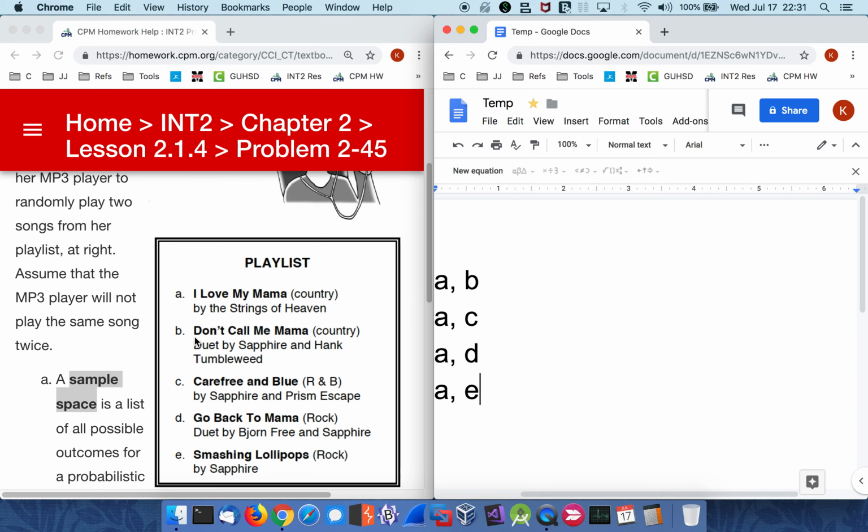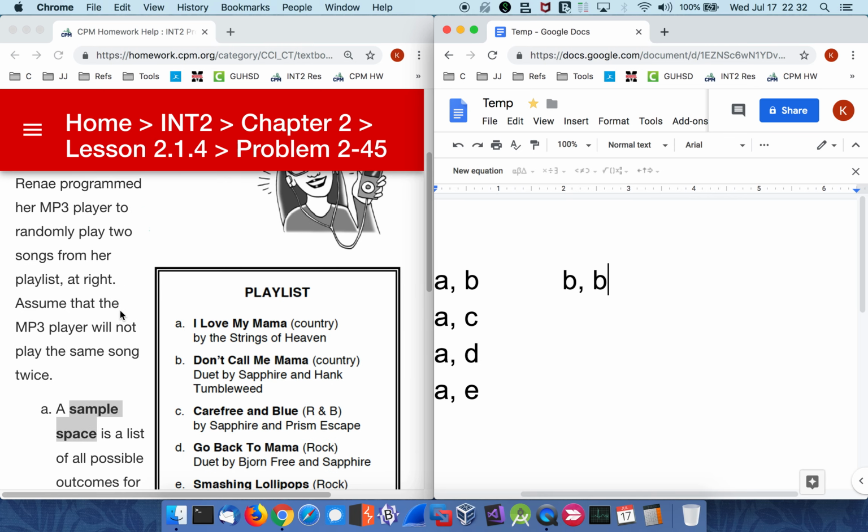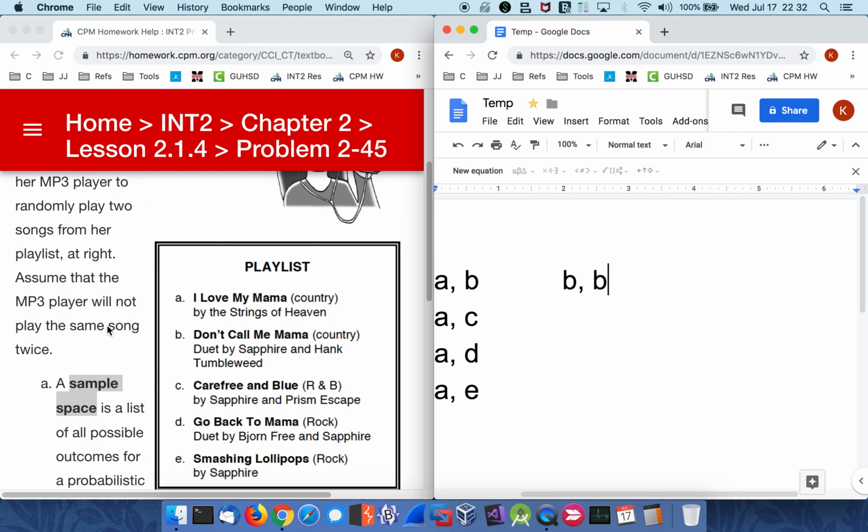Well, now, what about the combinations with B? So let's move over a little bit. And let's do the combinations with B. Well, what could we have? We could have B and A. Oh, wait a minute. Since we're going to list them alphabetically, we don't need to worry about B and A because we already covered that one. All right. What about, we can't do B and B, right? Because it says here, assume the MP3 player will not play the same song twice.